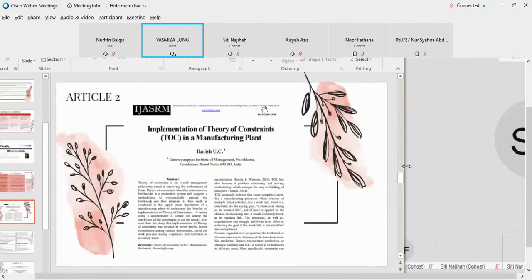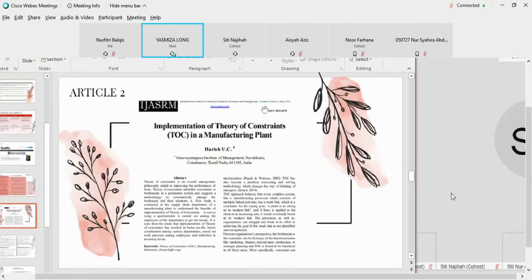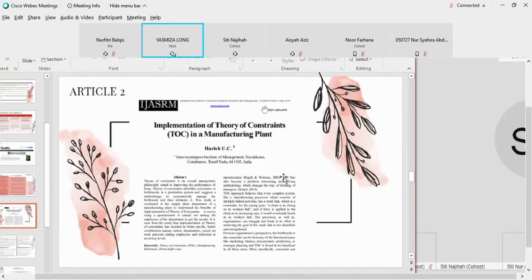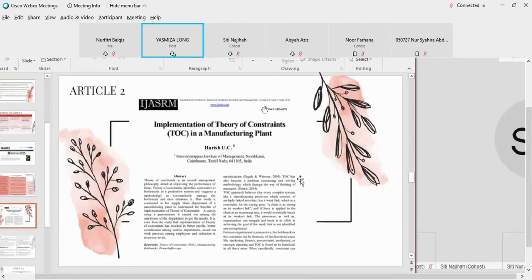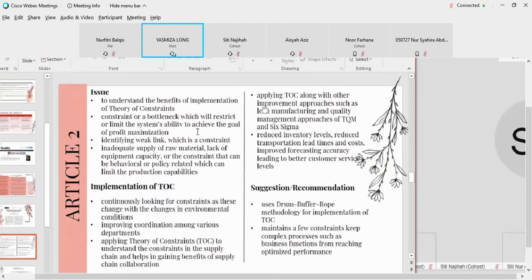Where are the group members? Yes, right. Article 2 talks about the problem in supply chain management, in terms of raw materials, and they want to apply the TOC. Right, Madam.